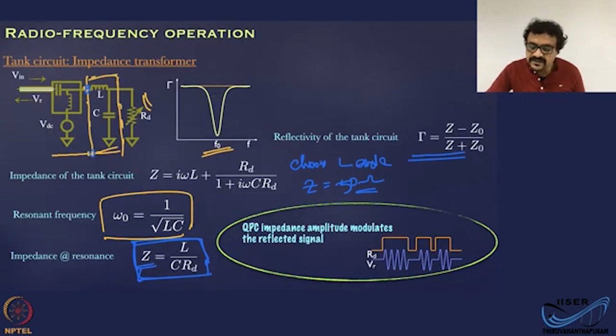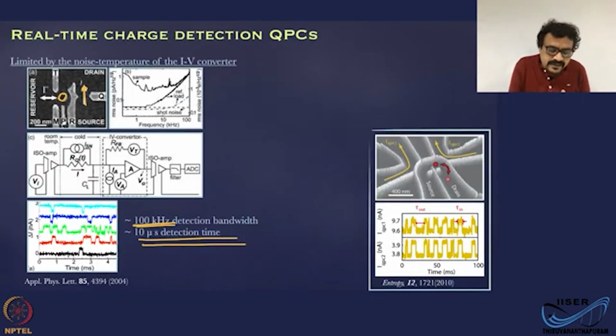What you're doing here is just measuring the reflected power from the tank circuit from this end. You send some signal and something will be reflected back, VR, and you are going to sense that. That will have information on the RD change, because you are interested only in the change in RD.